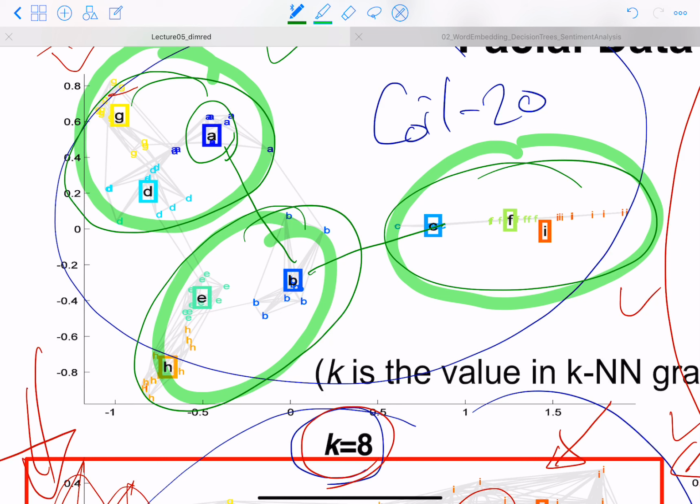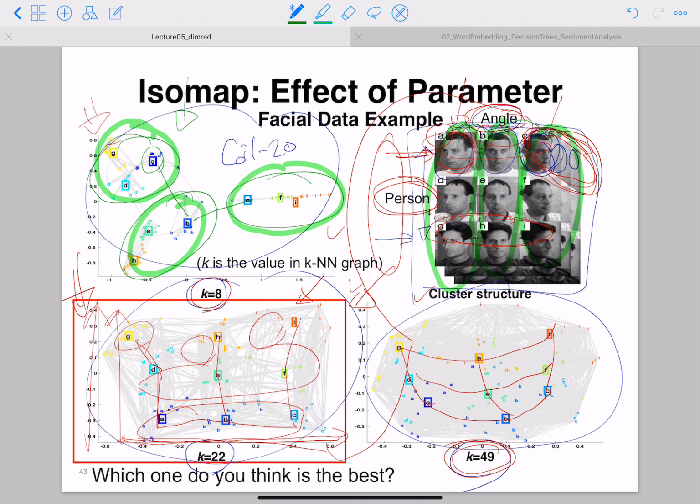So if the larger distances were exaggerated more, we see the clusters with respect to the angle, and the person ID will cause a relatively small distance compared to the different angle, right? Any questions?